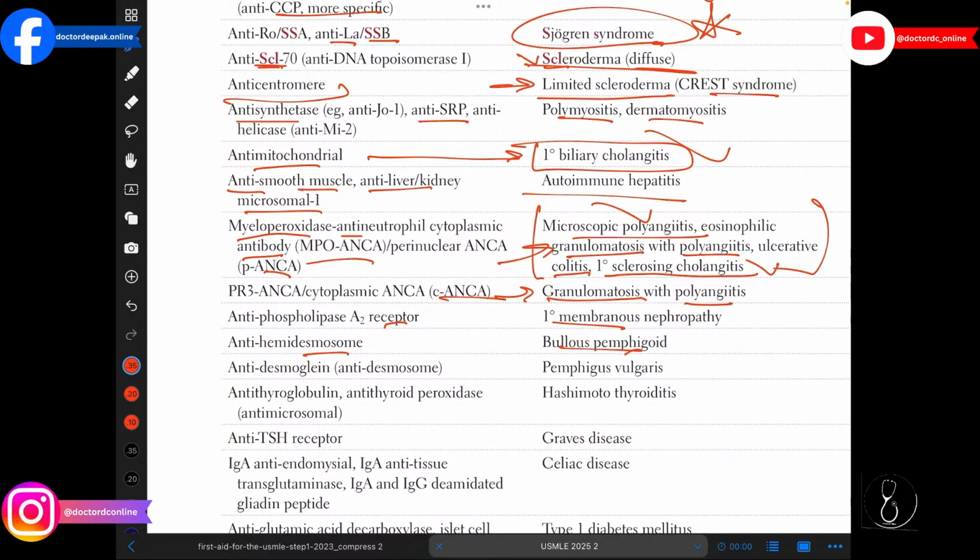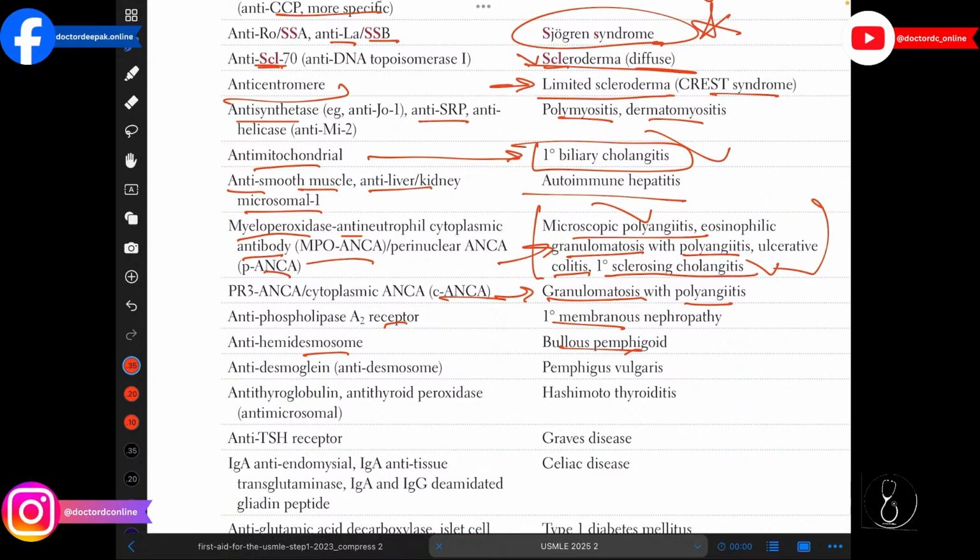Anti-TTG, IgA anti-endomysial, IgA anti-tissue transglutaminase, or IgA deamidated gliadin peptides cause celiac disease.